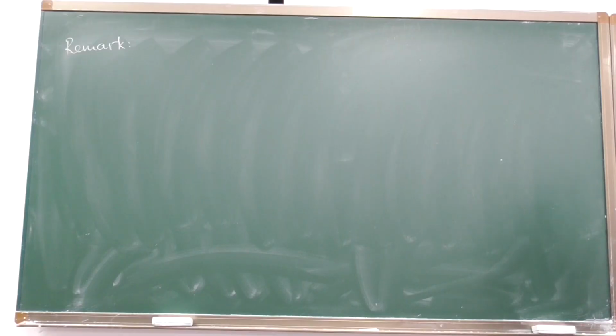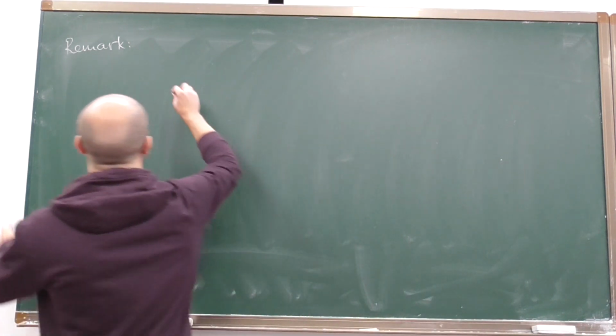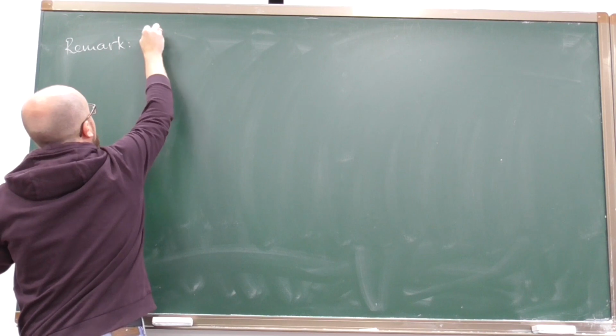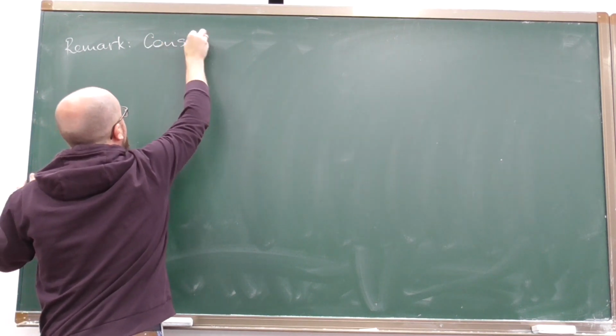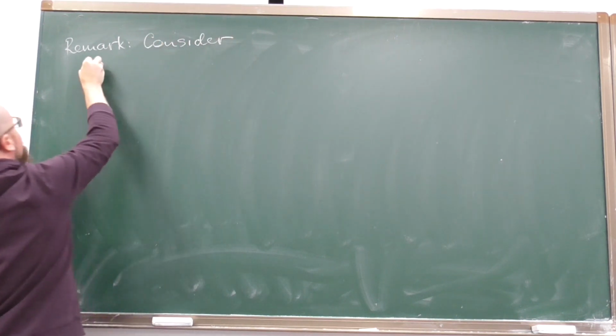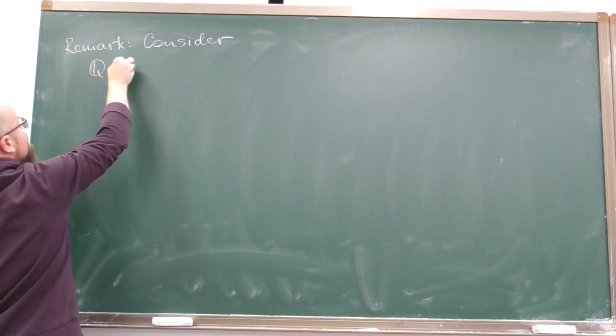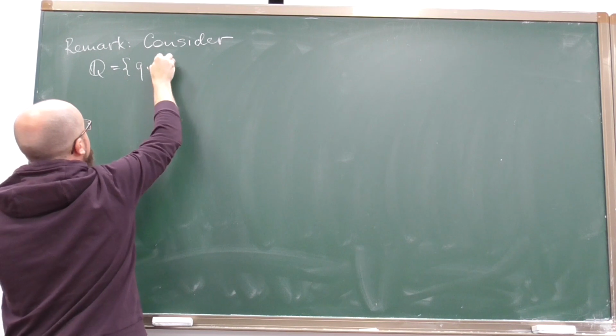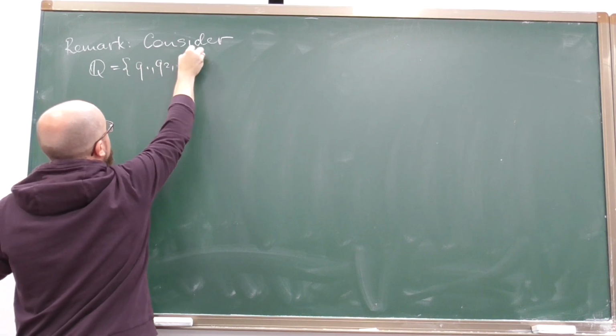Let us consider the set of rational numbers, the set Q, and let's enumerate it as q_1, q_2, and so on.